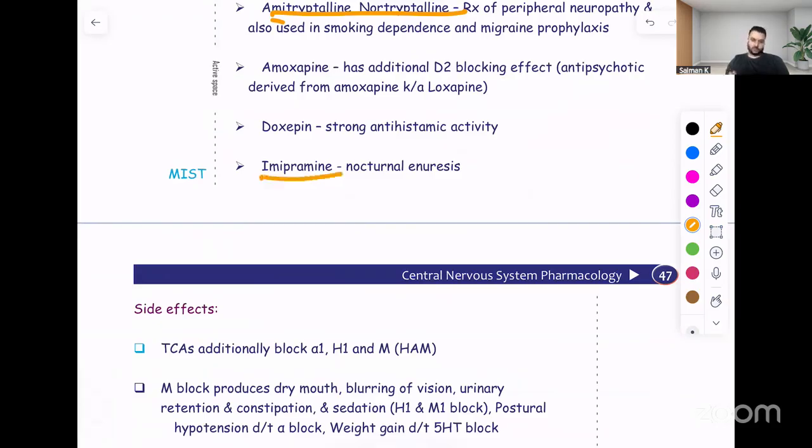Imipramine is used in nocturnal enuresis. It used to be used, not anymore. Today, I think I told you this before, something called bed alarms are used for nocturnal enuresis. Bed alarms are the things that we use today for this.